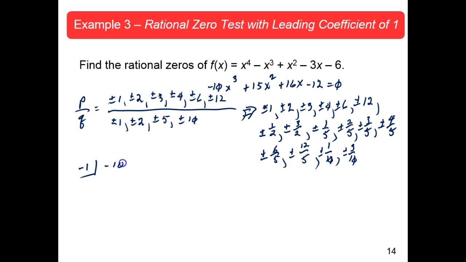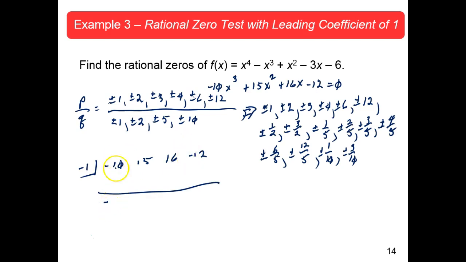Negative 10. Whoop, I put a comma. I don't need a comma. Okay, 15. Wait a minute. Let me get my pen back. 15, 16, 12. Okay. And skip a line, draw a line. Oh, it's negative 12. You're right. Okay.